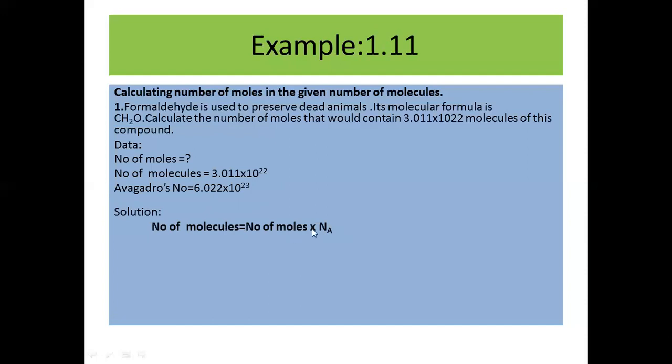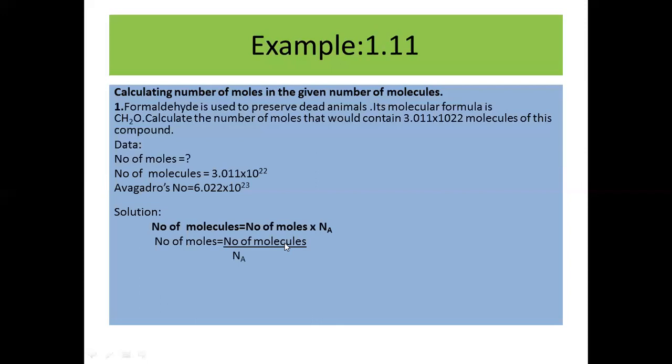We used this formula in the previous case, but in this case we will rearrange it, taking out the number of moles: number of moles is equal to number of molecules divided by Avogadro's number.